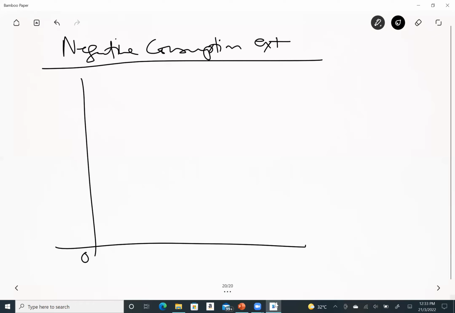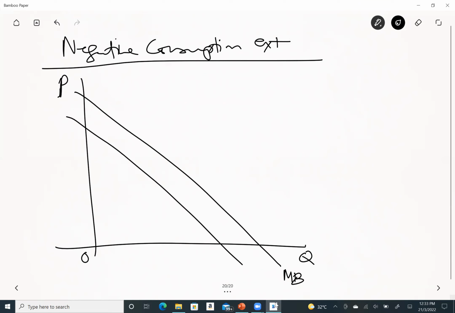There will be no cost. So we have the situation. I will draw another graph. This is the MB. That is the MSB. That is the MC. So you're going to move from this point here to that point.